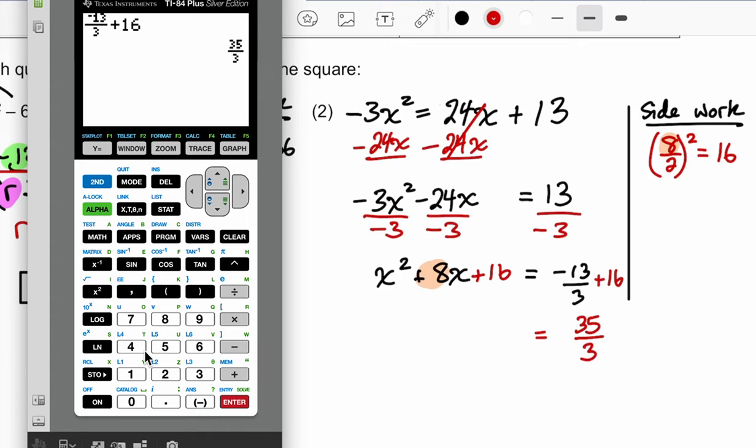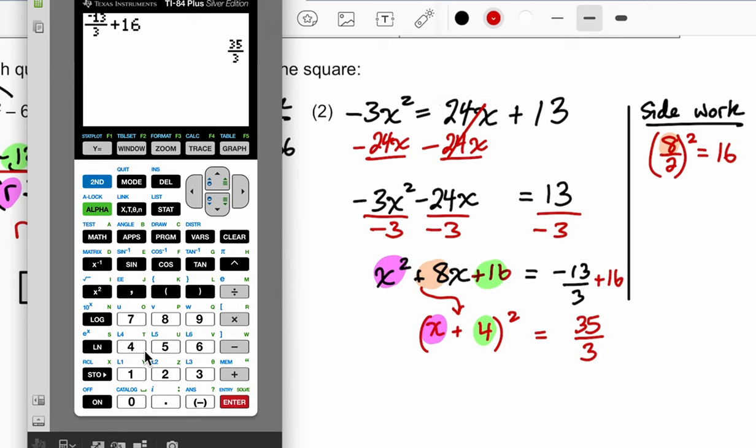Now, the left-hand side, again, it's a perfect square trinomial. So the square root of the first term, the square root of the last term, carry down the sign of the middle term. So x and 4, whole thing raised to the second power is equal to 35 over 3.